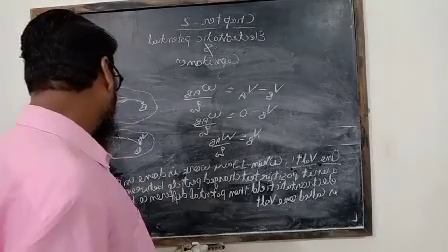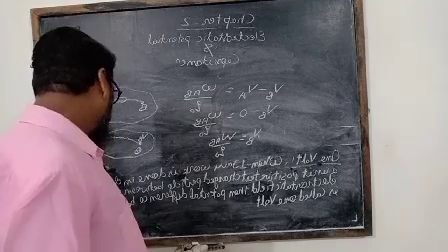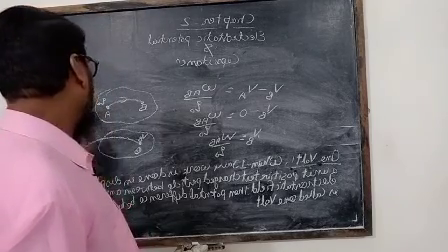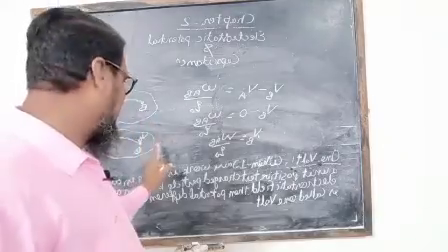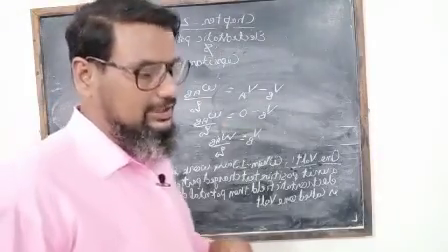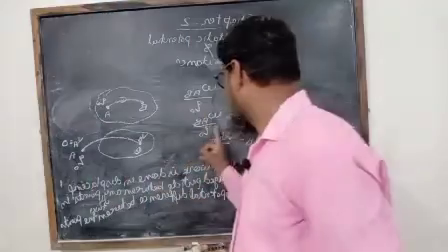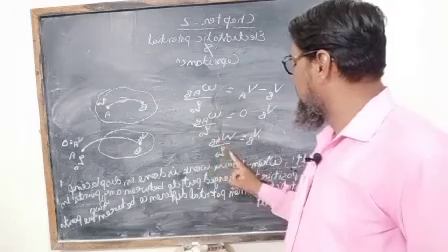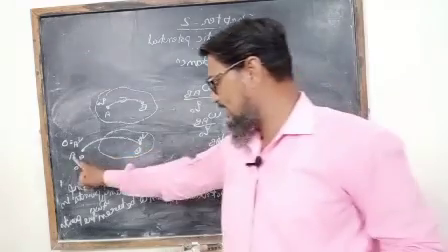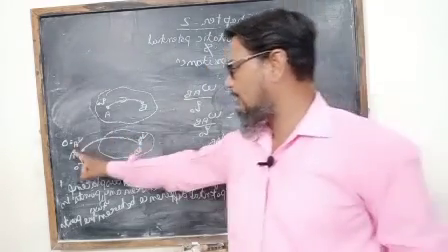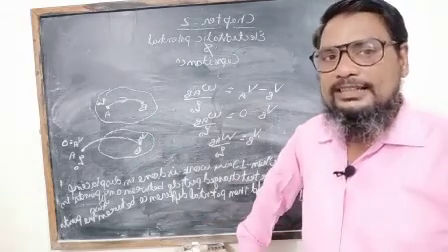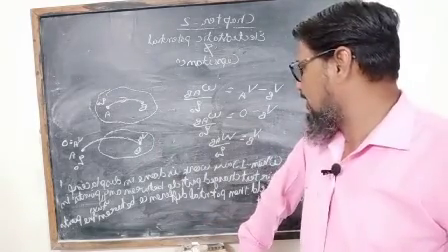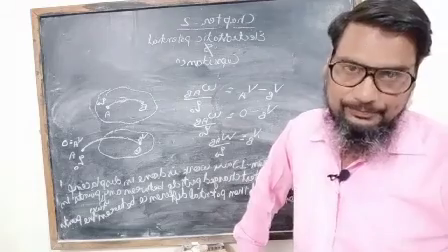And the work done in displacing a unit positive test charge particle from infinity to a certain point in an electric field is the electric potential at that point.